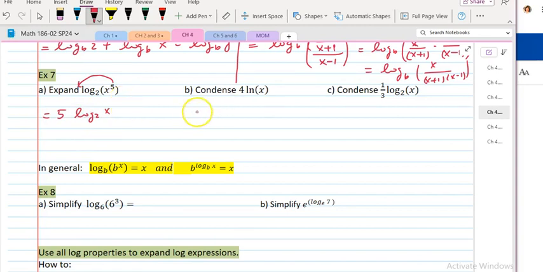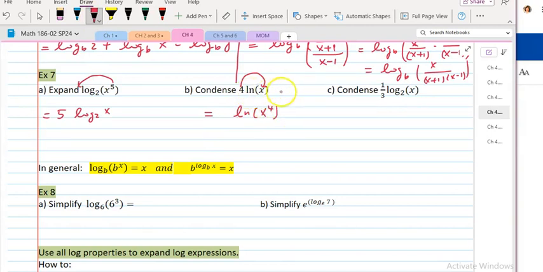That's expanding. What about condensing? Condensing would be if I see a 4, a number, not adding but multiplying, I can move it inside as an exponent, x to the 4. Oh, log base e, I should say ln. ln is log base e. So ln of x to the 4th.